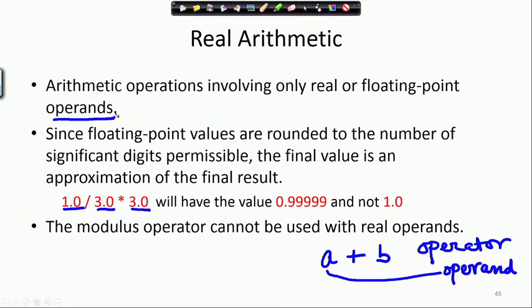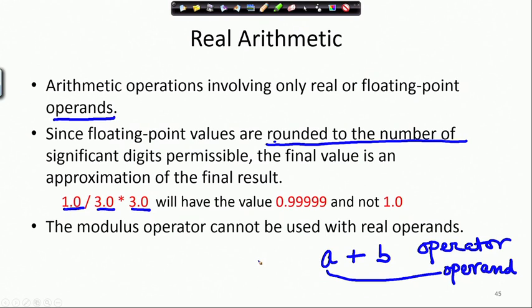Sometimes the floating point values are rounded to the number of significant digits, because it may be 7.5976 and you can go on. It is often rounded to the number of significant digits permissible in a particular machine. We get an approximation of the results.